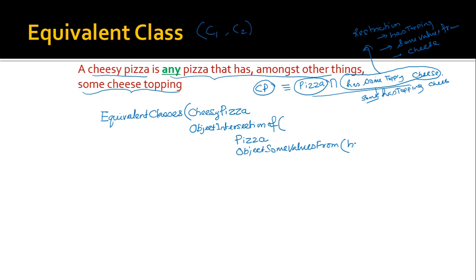We are putting the restriction on has topping. And what is the value we are restricting to? The value is cheese. So we are closing this bracket, closing this bracket, and closing this bracket, right? So this is the functional style definition or representation of the statement that we have presented here.